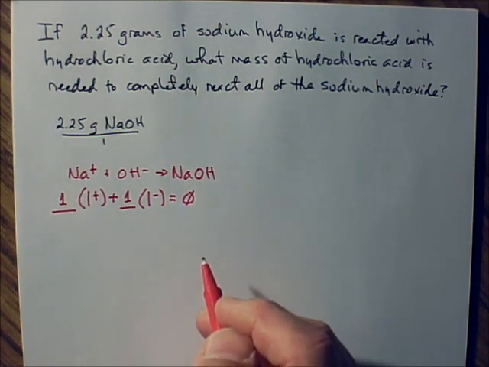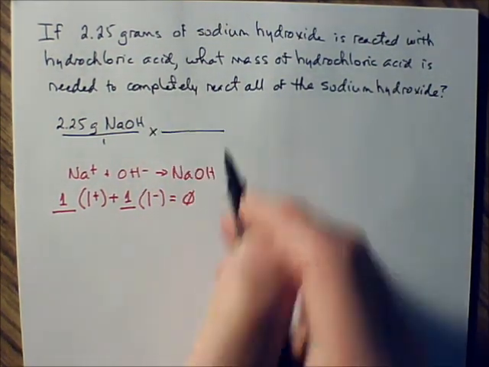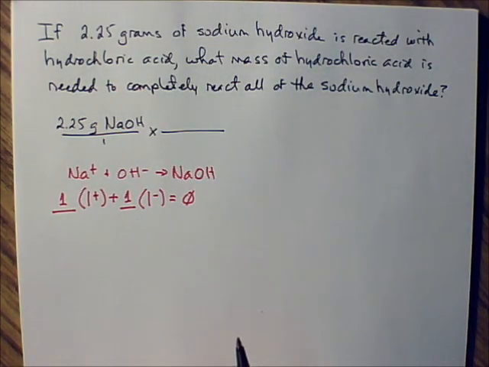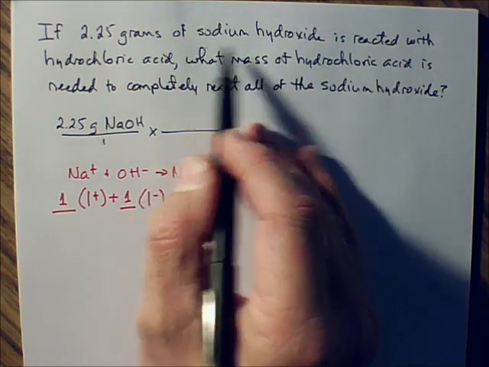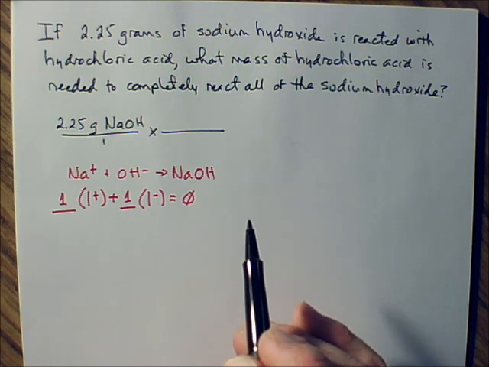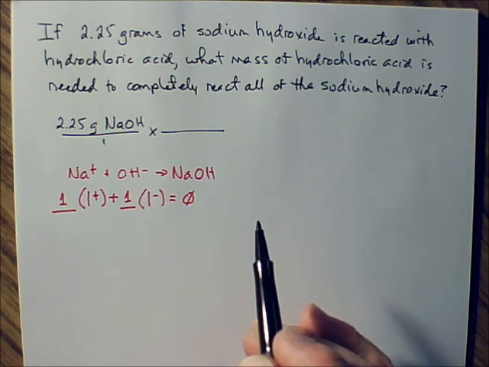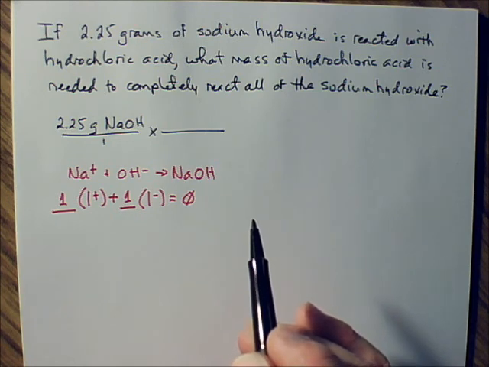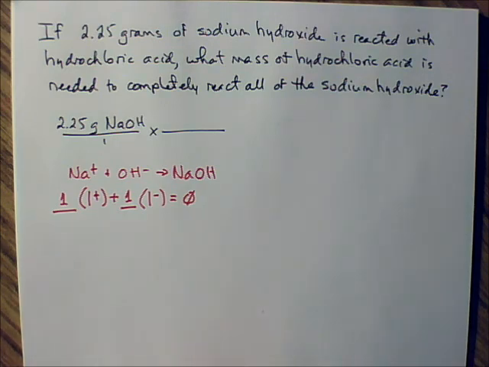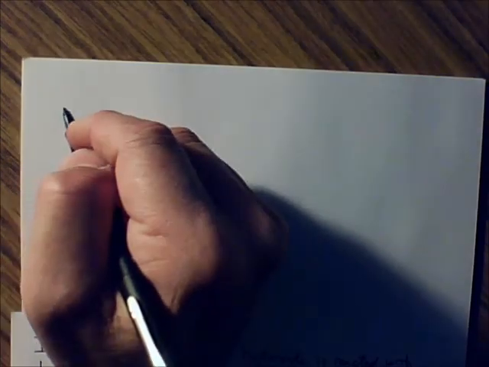Okay. So we've got to convert this NaOH into moles. You cannot go directly from the mass of sodium hydroxide to the mass of hydrochloric acid. You can't get there from here. You've got to go through Moleville.